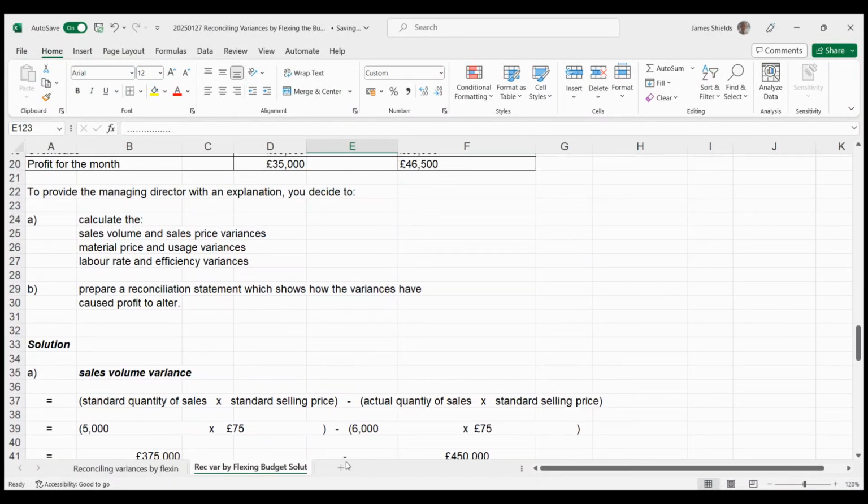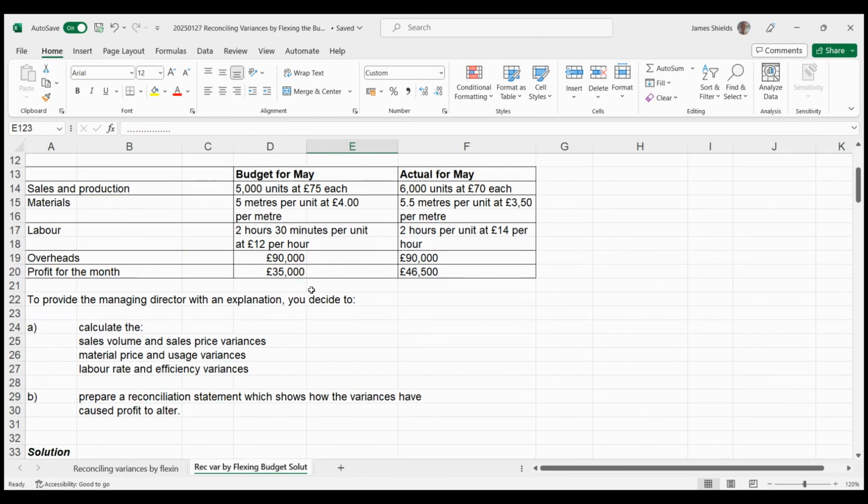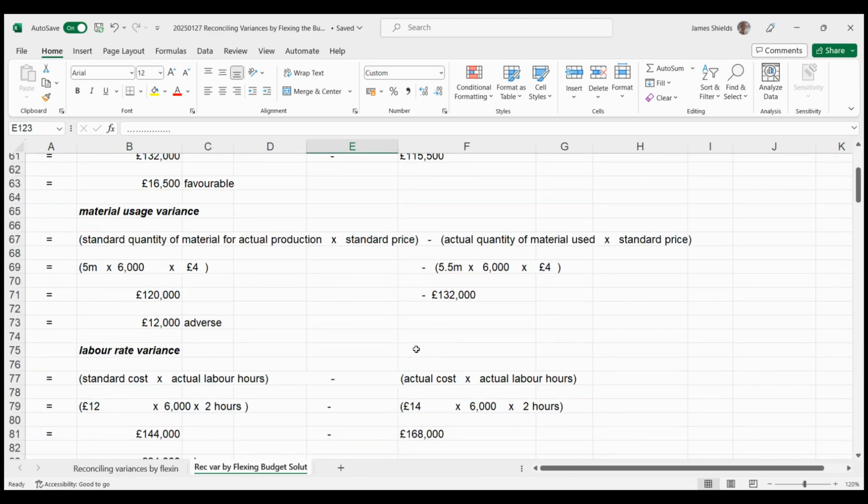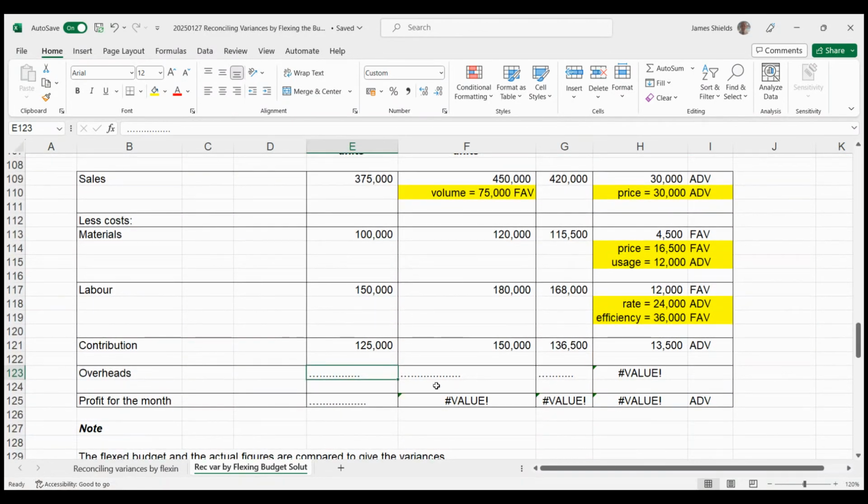I think they were £90,000 per month. That's it, the budget was £90,000 and the actual was also 90,000. So there's no variance there because the flex budget was 90,000 and the actual was 90,000.